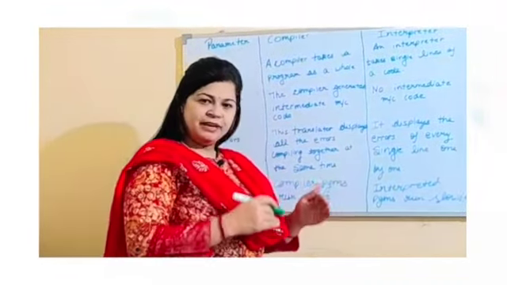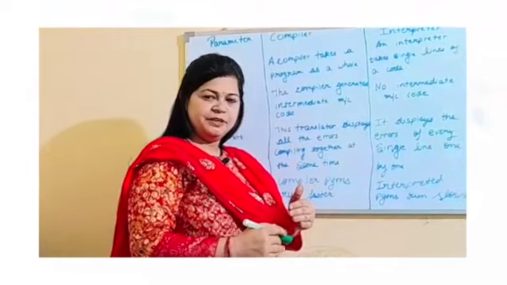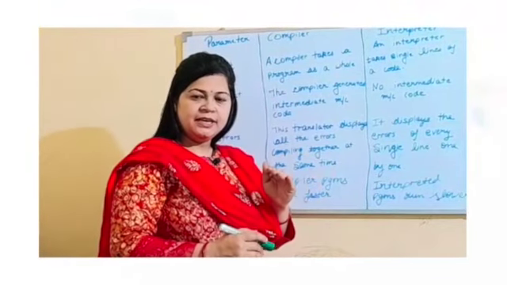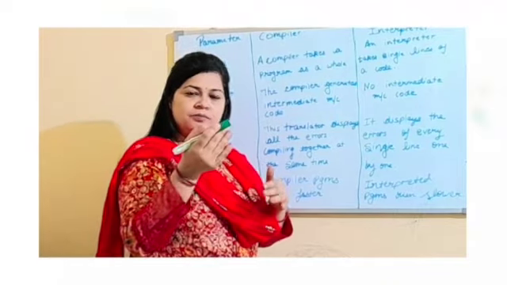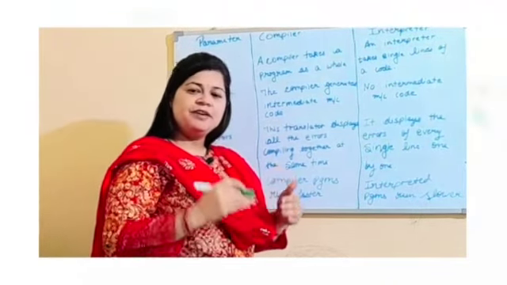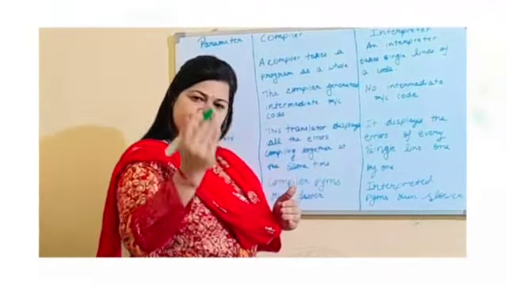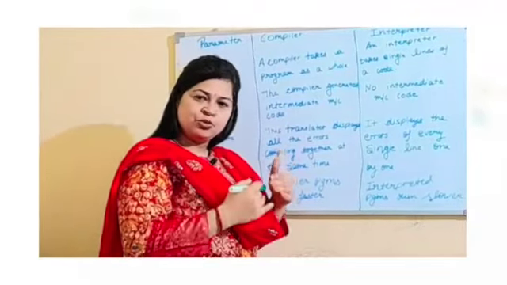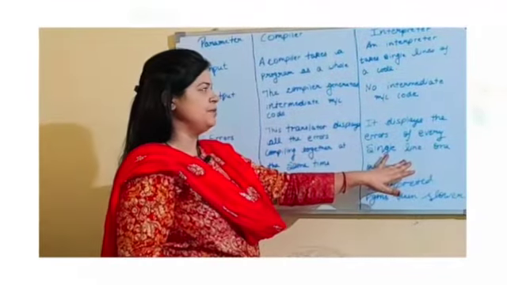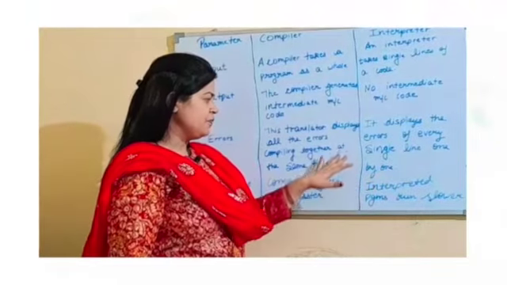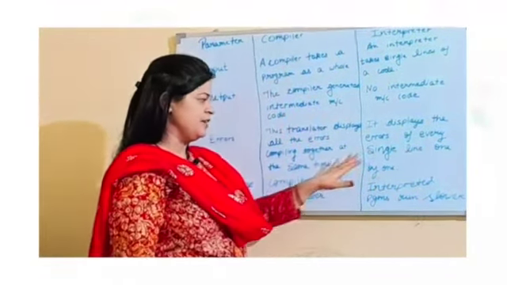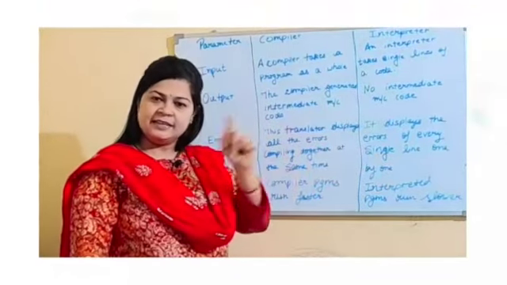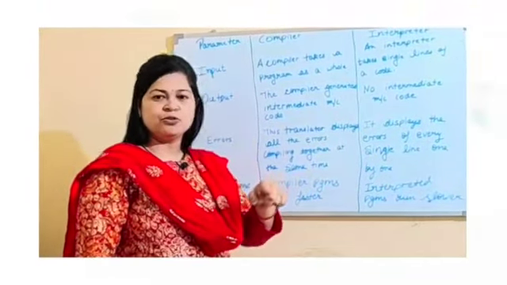In the case of an interpreter, the first line is executed, and if there is some error, before going to the next line we have to rectify the errors of the first line, then only we can go to the next line. Whereas the compiler gives errors after the whole program is processed.